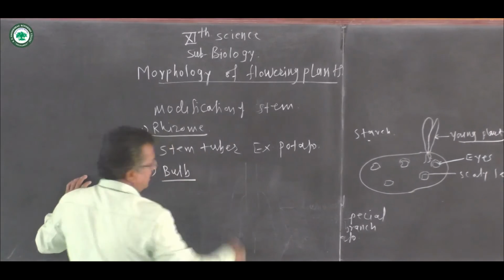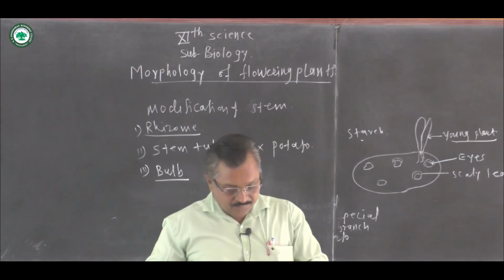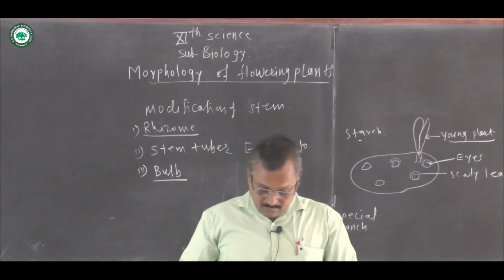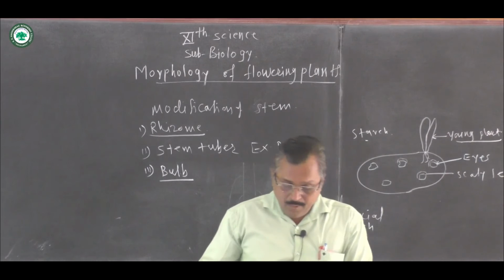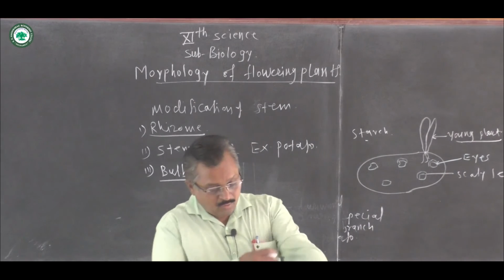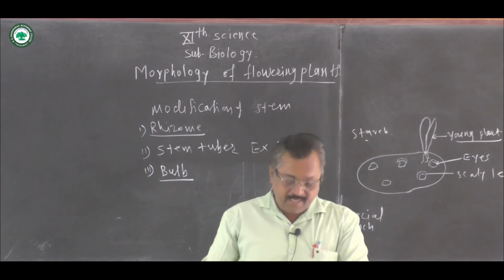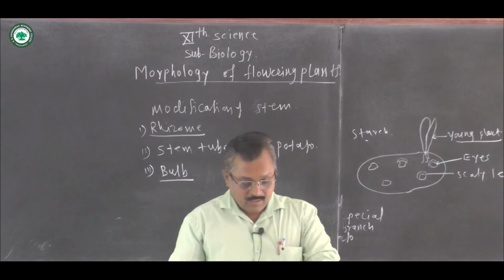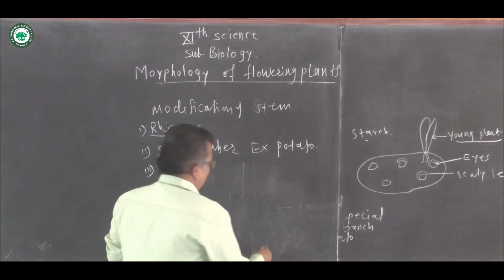Examples of bulb are onion or garlic. Here the bulb has a special pyriform stem. The stem is highly reduced and discoid. It bears a whorl of fleshy leaves.